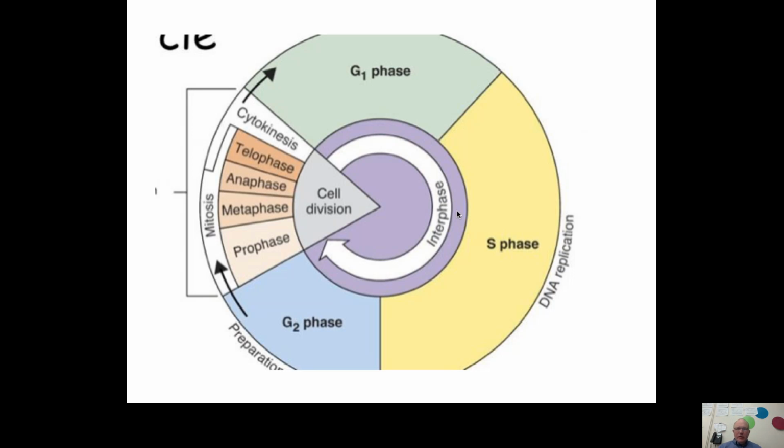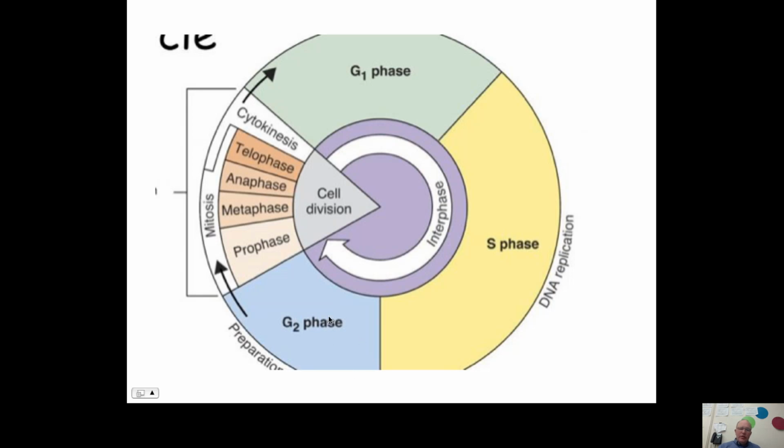There are 23 chromosomes each, so each cell has 46 chromosomes. So during interphase, it doubles up to 92, and that duplication completes. It's in a form called chromatin during this time. You don't see the chromosomes, the DNA is loose.